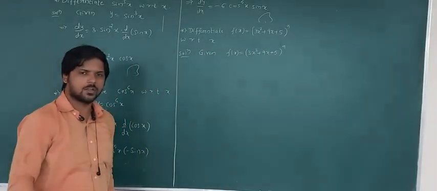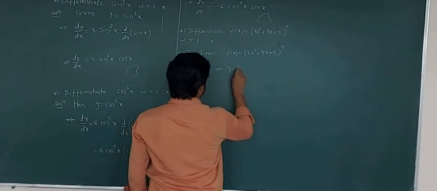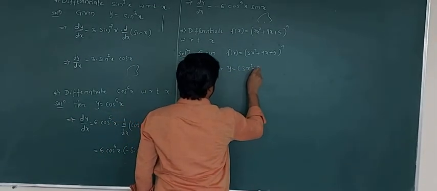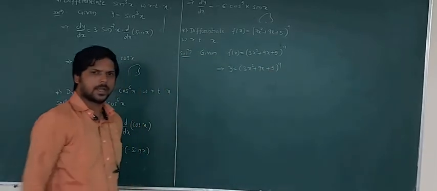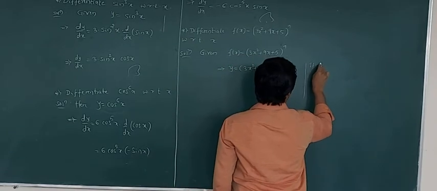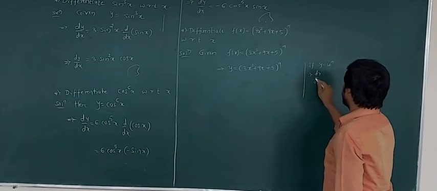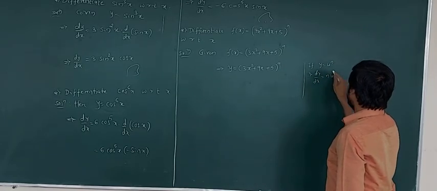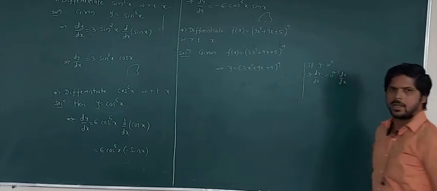And we also know that the function is equal to y, so y equal to 3x square plus 9x plus 5 whole to the power 9. And we also have the formula: if y equal to u to the power n, then dy by dx equal to n into u to the power n minus 1 into du by dx.